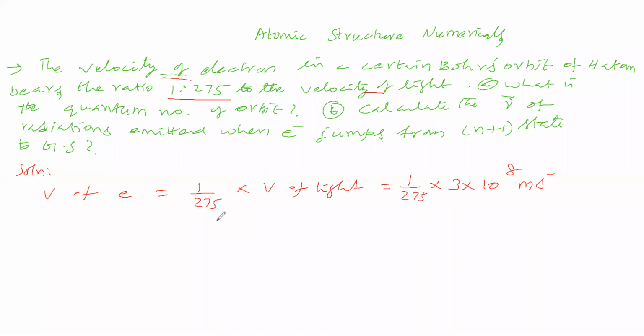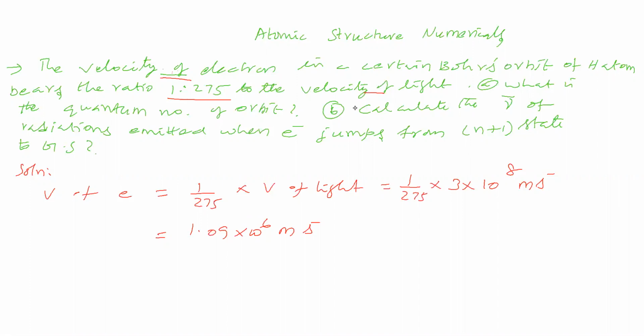So we got velocity of electron as per Bohr's model, that is equal to 1.09 into 10⁶ meter per second, on simplification. Okay, we got velocity of electron.